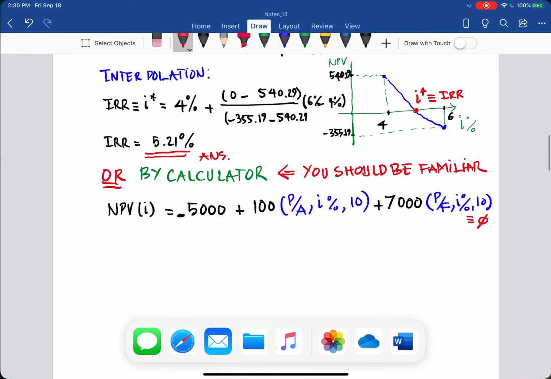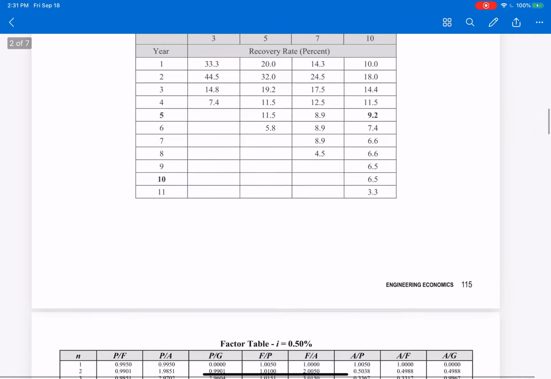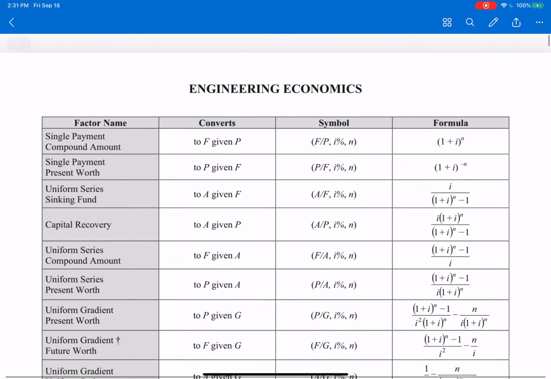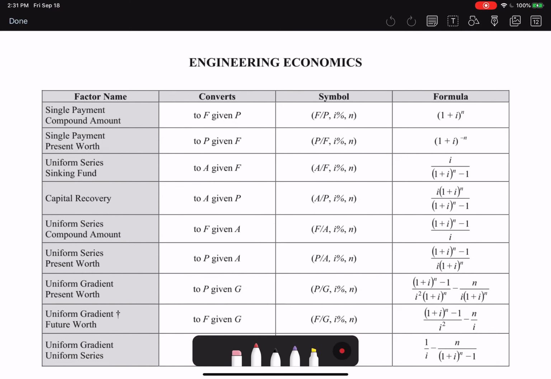Then you use the equation in the reference, the first page of your reference, with P over A, I percent, and that equation there, and then P over F, I percent, and in this case 10 years for this problem.